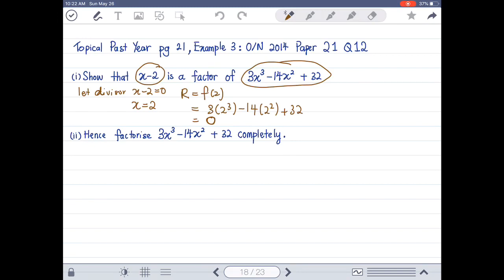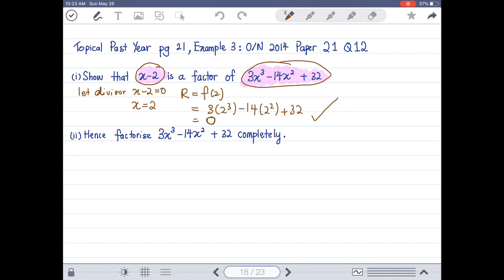Since the remainder is equal to 0, then we can say that by factor theorem, x minus 2 is a factor of 3x cubed minus 14x squared plus 32. Okay, so in the exam you just need to show this. Since the remainder is 0, then x minus 2 is a factor.